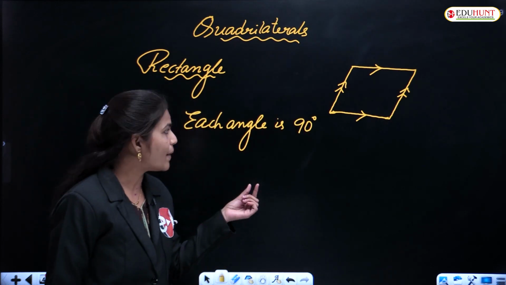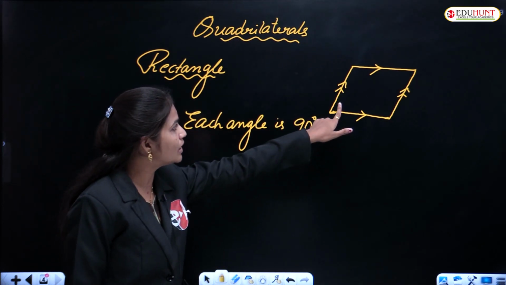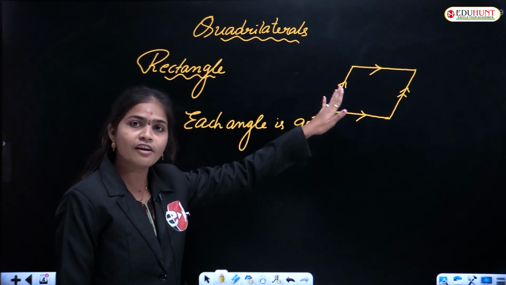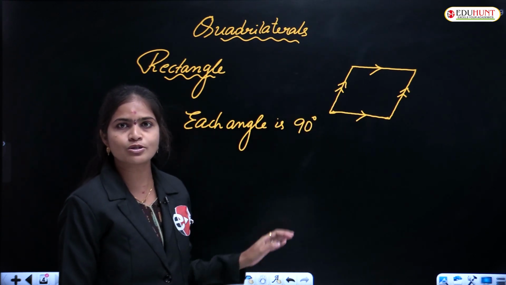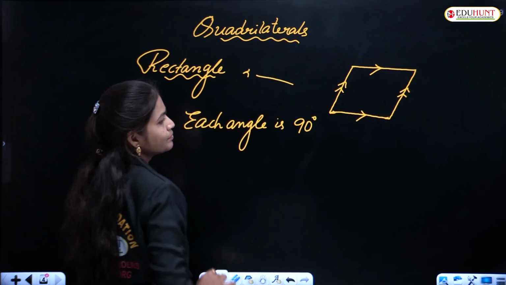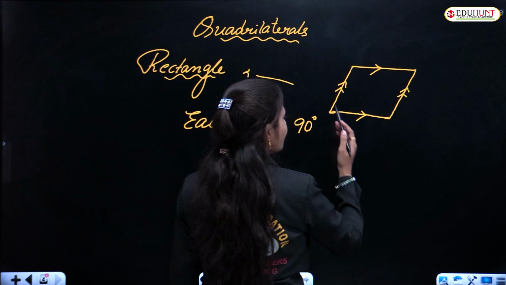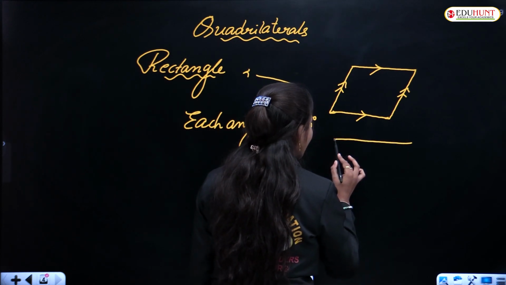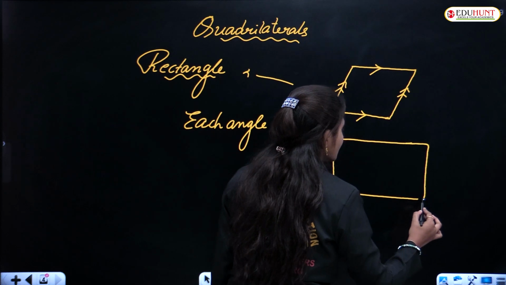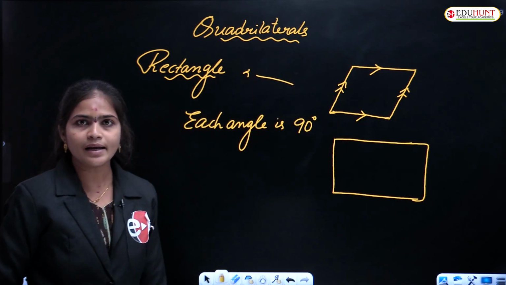In a general parallelogram, each angle is not equal to 90 degrees. If each angle is equal to 90 degrees, then it is called a rectangle. Here, at least one angle is equal to 90 degrees in a parallelogram. Just observe the rectangle and parallelogram.